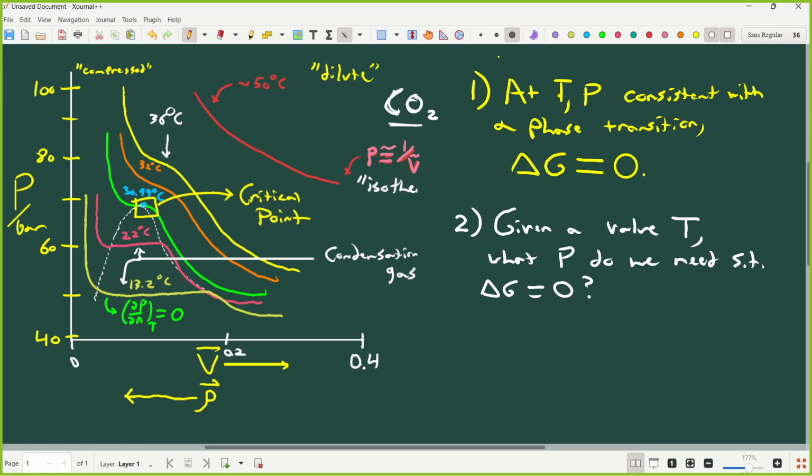Of course, we know for water that delta G equals 0 at T of 373 Kelvin, 100 C, and 1 bar of pressure, atmospheric pressure. But what about the boiling point of water on Mars, where the atmospheric pressure is a fraction, maybe a torr, maybe a 1,000th of an atmosphere? Or maybe we're on Jupiter, where the pressure is 10 or 100 bar.